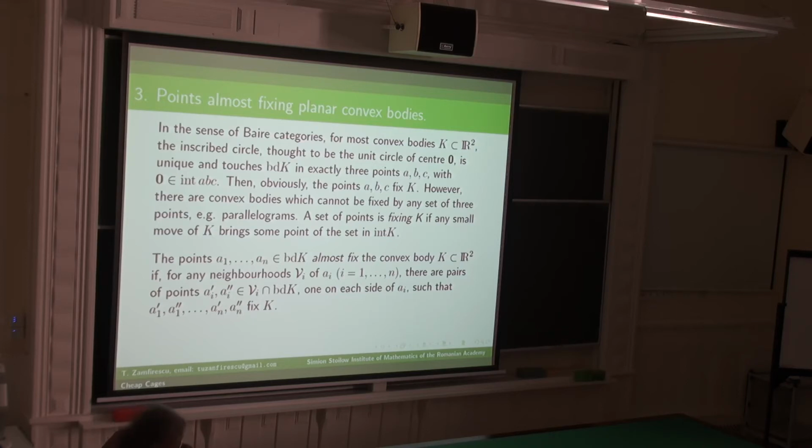The second has a pair, and so on, so that all these 2n points really fix K. Then we say that A1 up to AN almost fix K. And we can prove that for any planar convex body, there are 2 or 3 points almost fixing K. You can say there are always 3, but often there are 2 only.